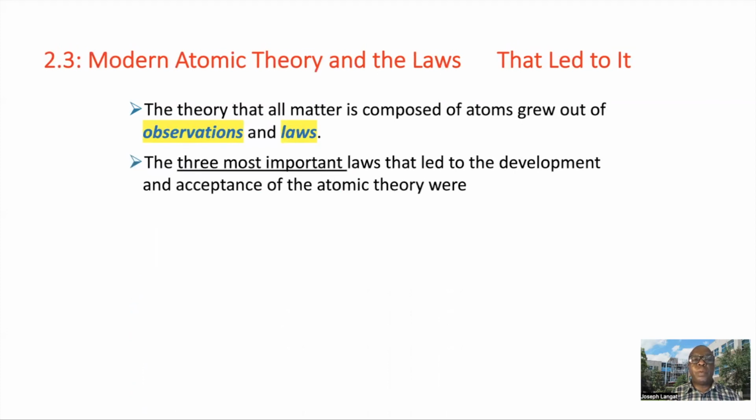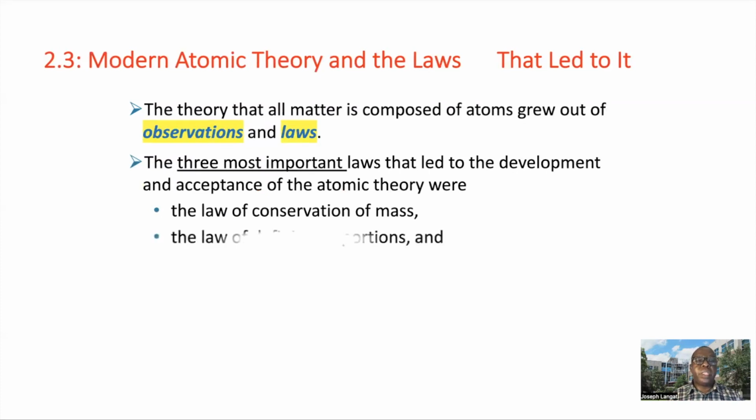The 3 most important laws that led to the development and acceptance of atomic theory, which you need to know, are the law of mass conservation, which states that matter cannot be created or destroyed, the law of definite proportion, and lastly, the law of multiple proportion. These are the most important laws you need to remember.